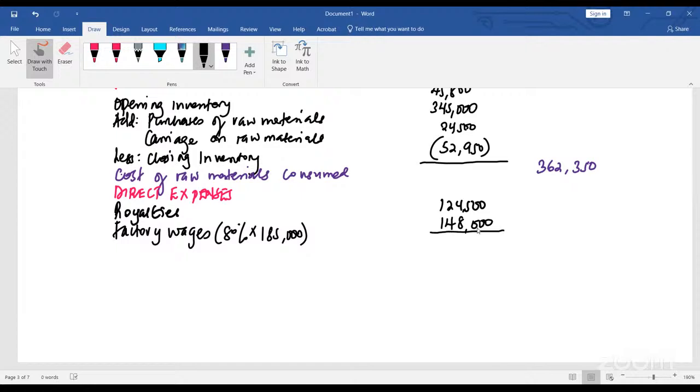We add them and transfer them to the last column. 148 plus the royalties of 124,500, we get 200-something, 7,500. When we add this to our cost of raw materials consumed, then we get what we call the prime cost.